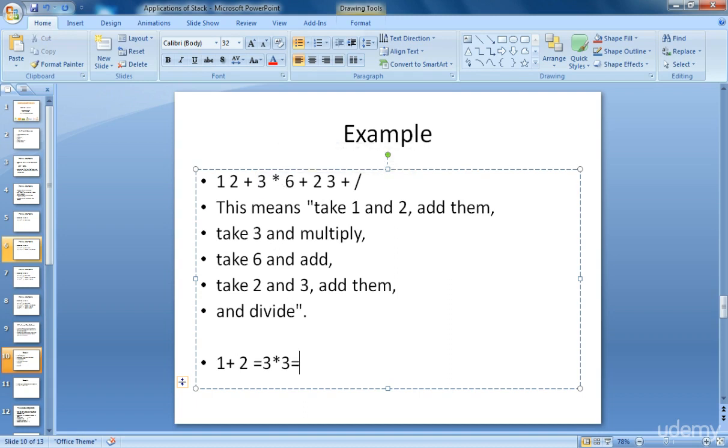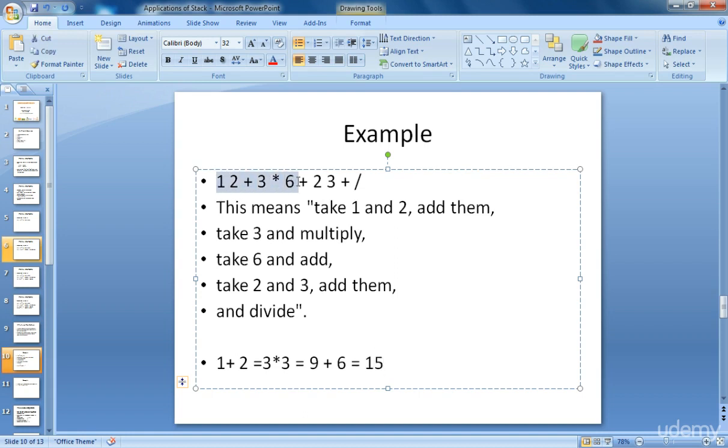So the result is now 9, right? Okay, now we have evaluated this part of the expression. Now we have 6 and plus, so we will add 6 to this and we will get 15, right?